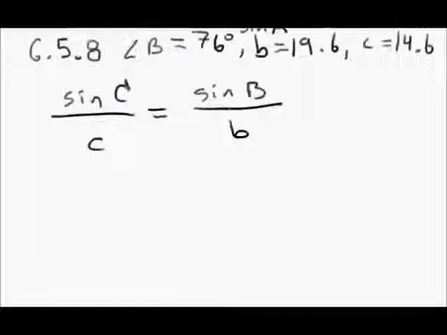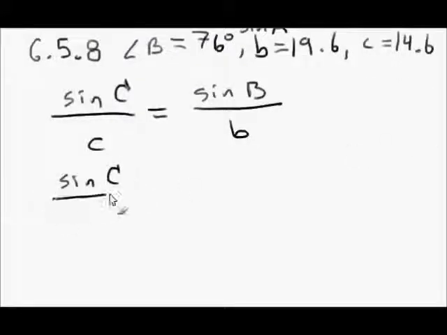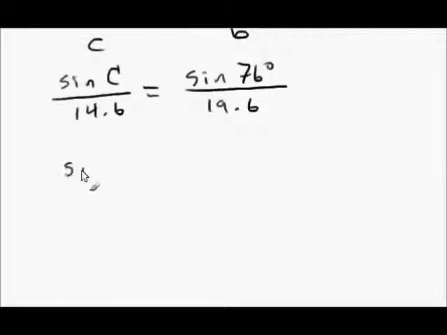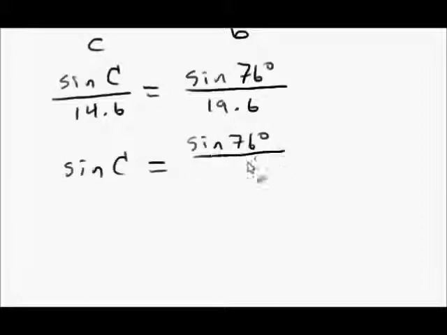And let's put in the values that we have for those. So that's sine of C divided by 14.6 is equal to the sine of 76 degrees divided by 19.6. Sine of C is equal to all of this stuff. Multiply both sides by 14.6.